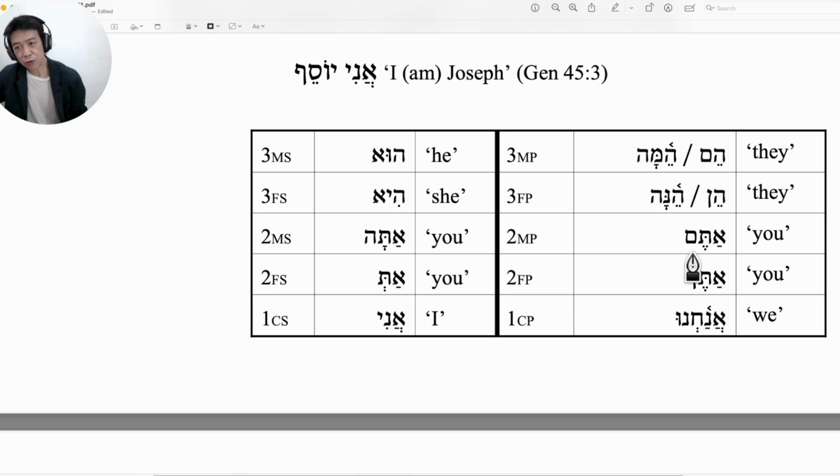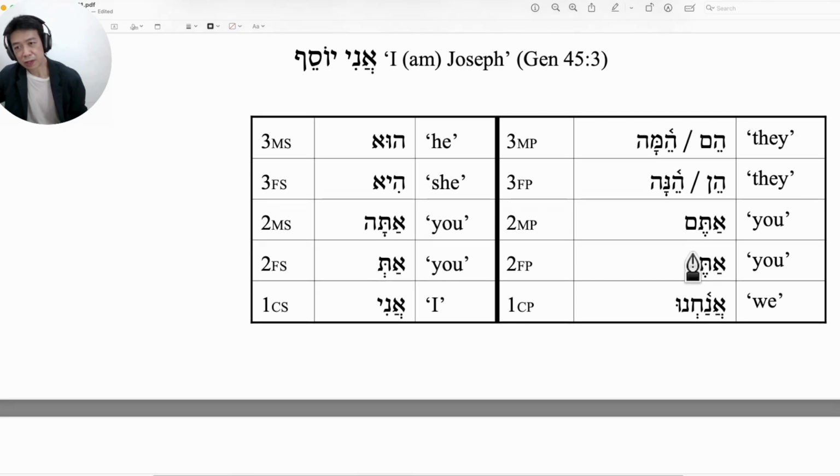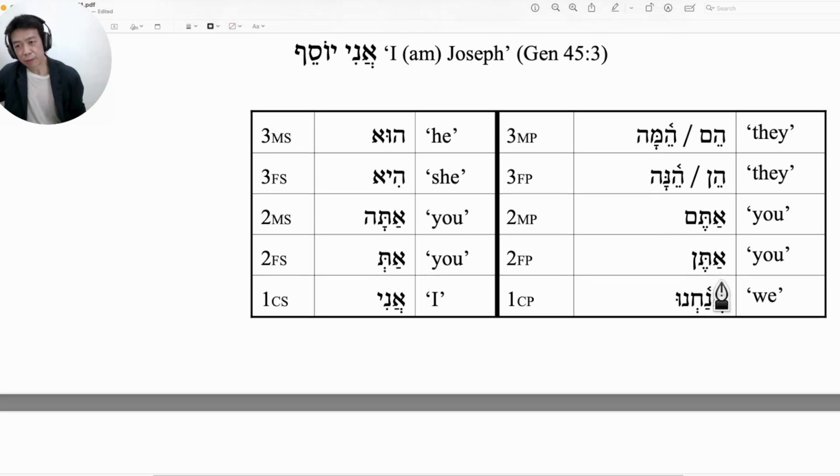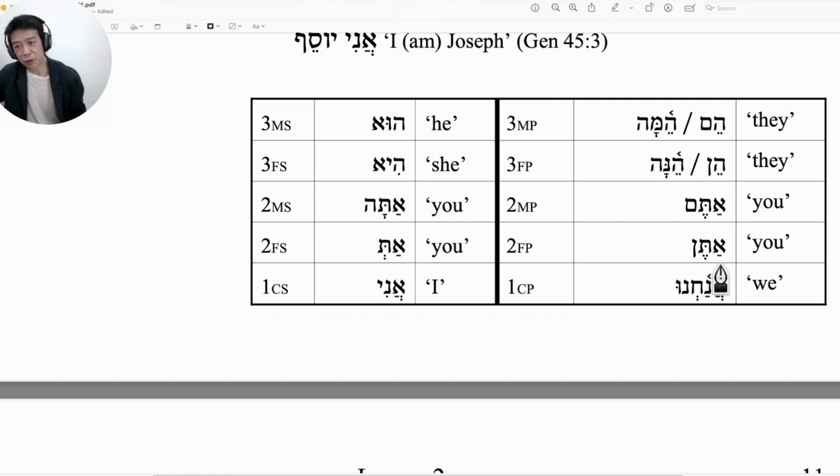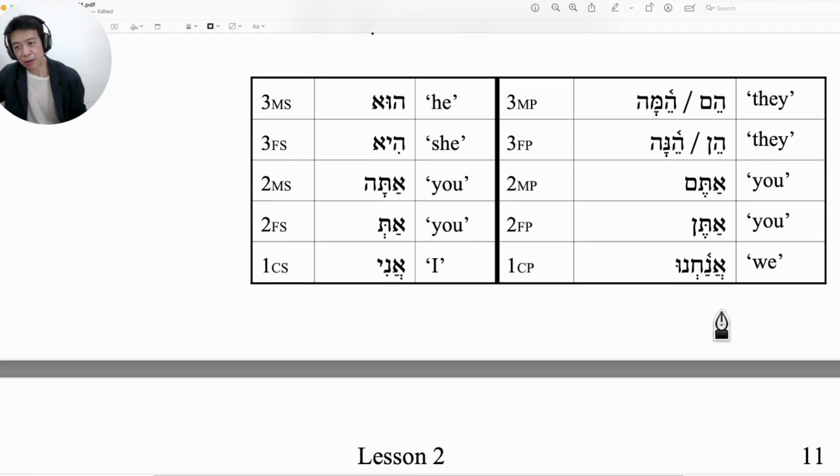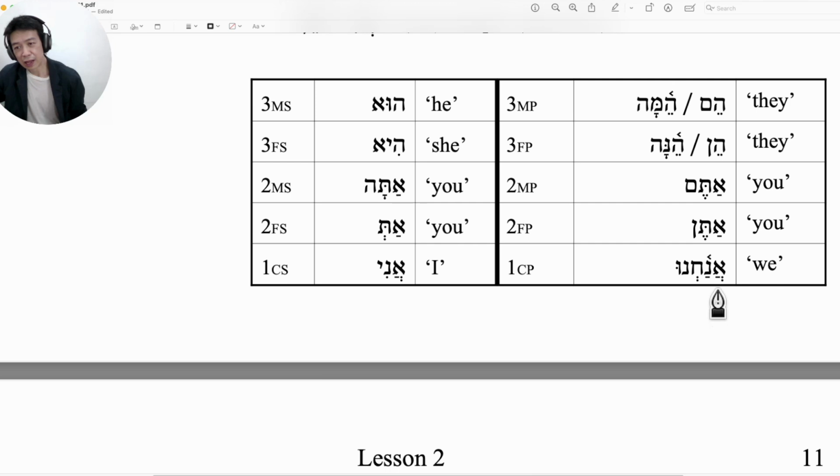For you, plural, in Hebrew is atem. This is for masculine plural you. For feminine plural you is aten. For we in Hebrew is anachnu.